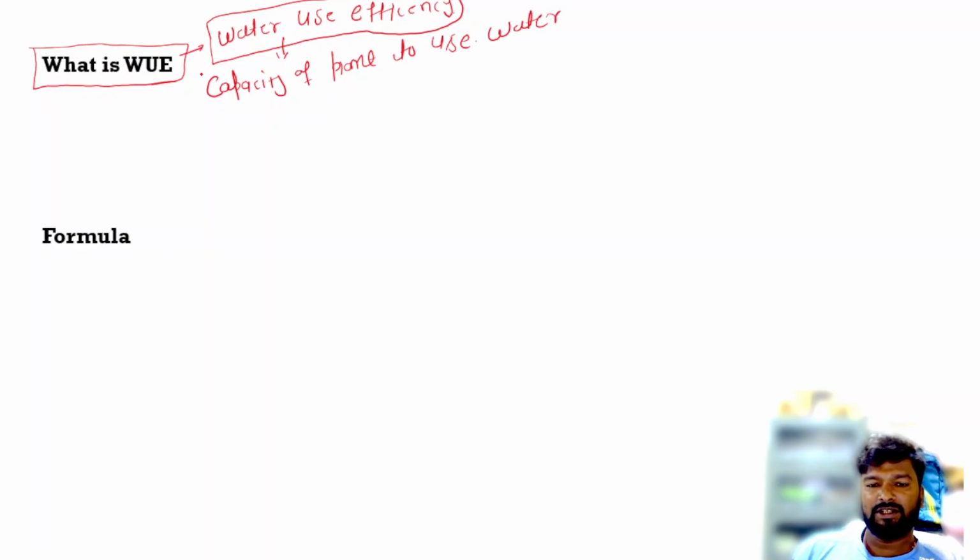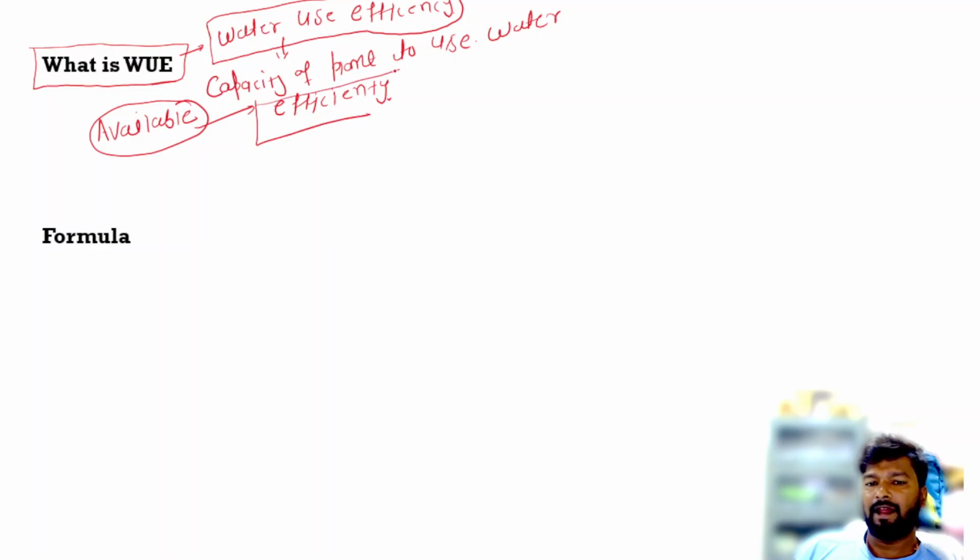Okay, so this is the efficiency by which a plant can use the available water. Okay, so what is the available water with the plant and how efficiently it can utilize it for the metabolic activities, that is known as water use efficiency.